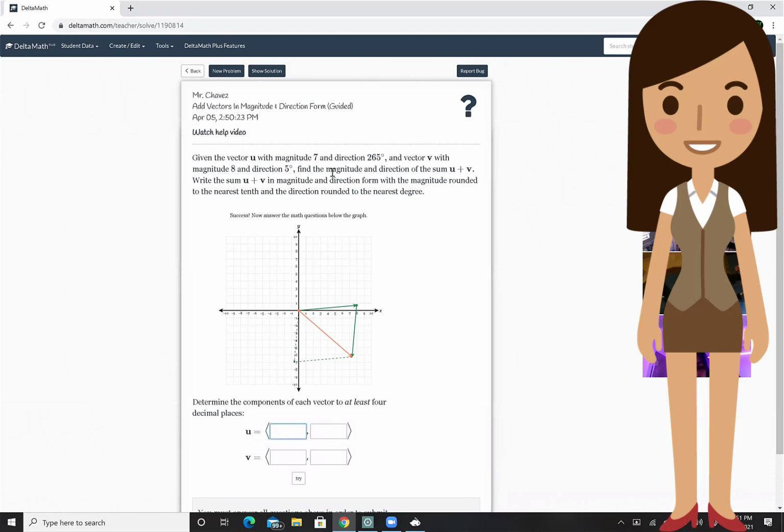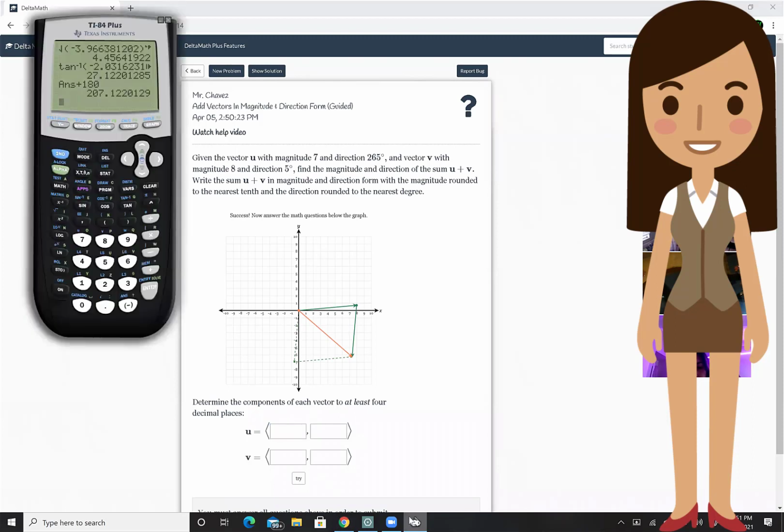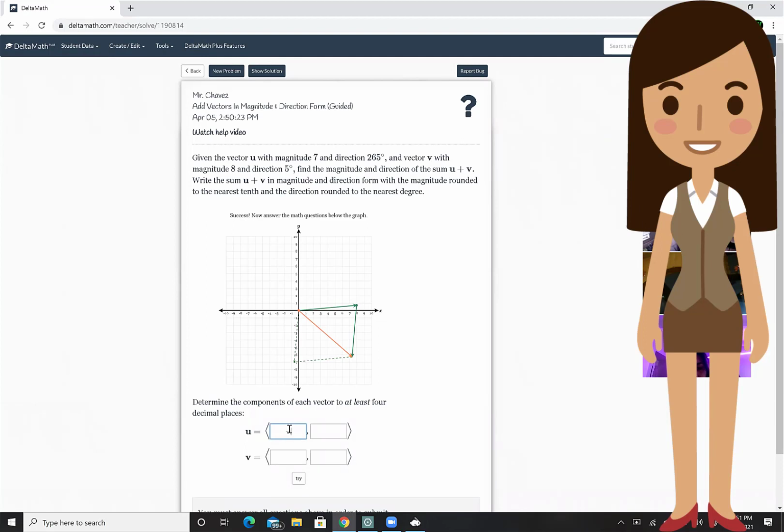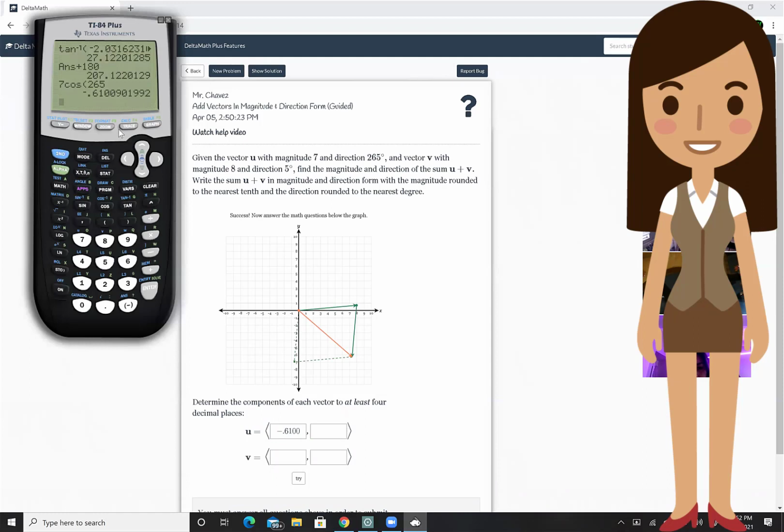So now I'm just going to go ahead and do the 7 cosine and sine. So 7 cosine 265. Push enter. That's negative 0.6100. And I think it was 01.